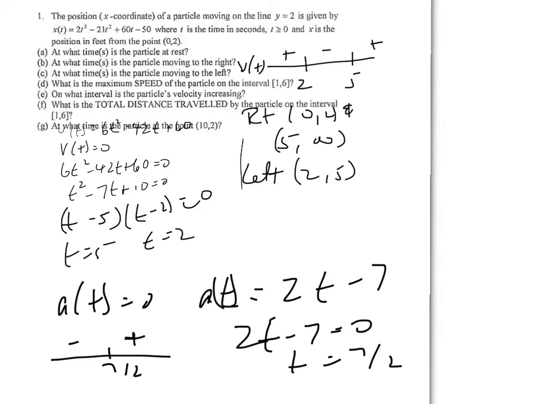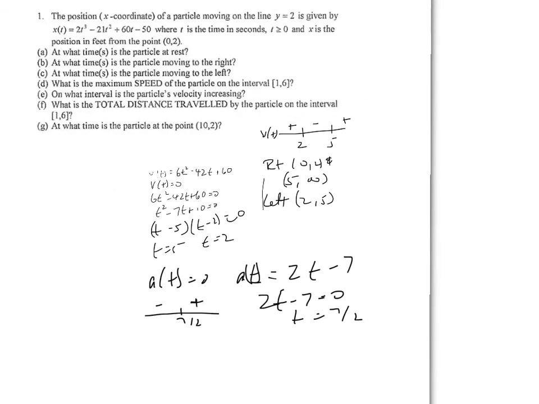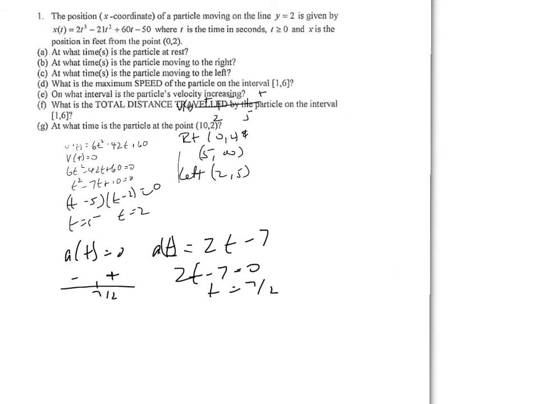Now we want to know the maximum speed. The maximum speed for us is the absolute value of the velocity at 7 halves.